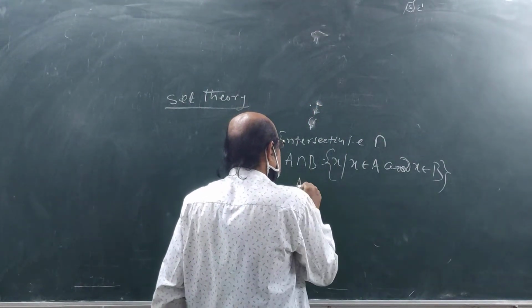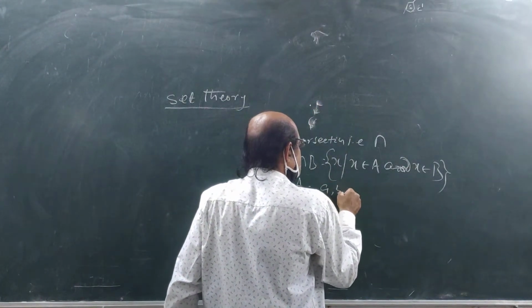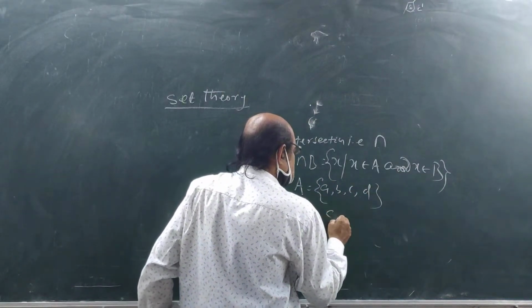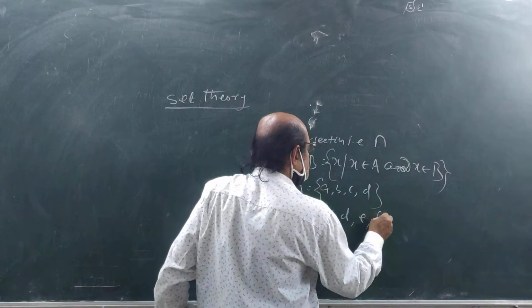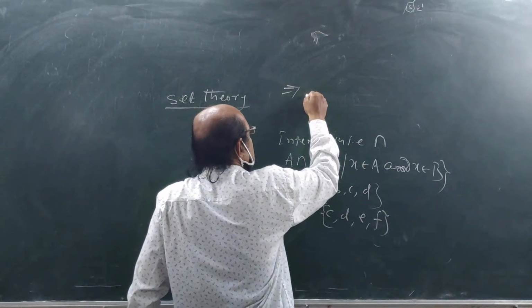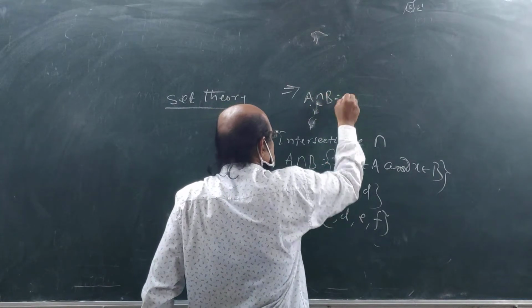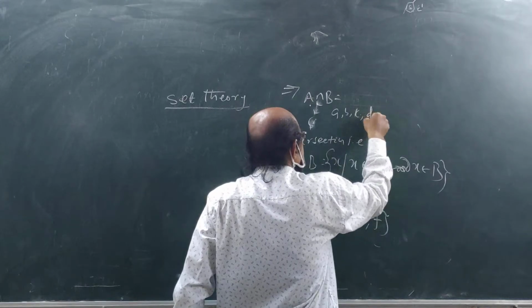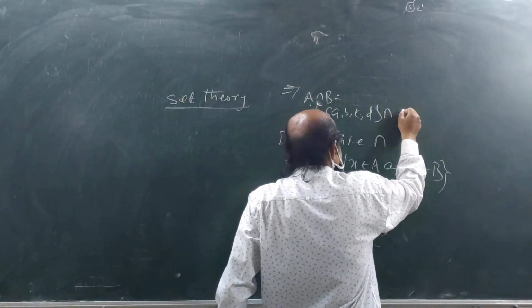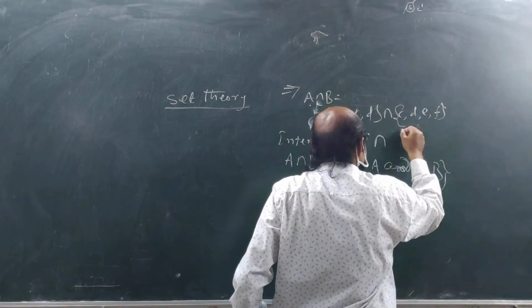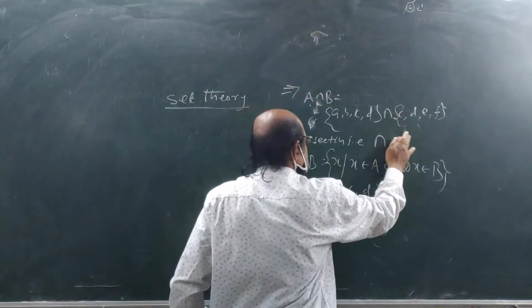For example, A is equal to {a, b, c, d} and B is equal to {c, d, e, f}. Then A intersection B is {a, b, c, d} intersection {c, d, e, f}.